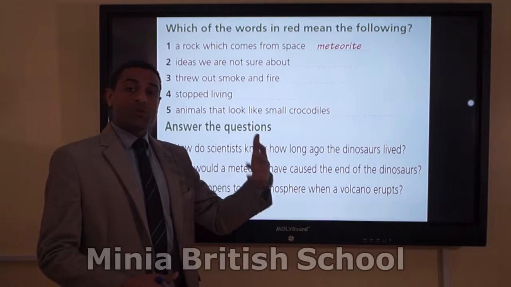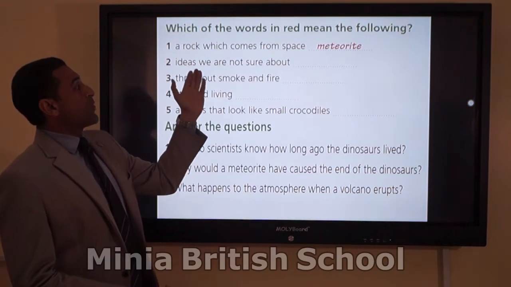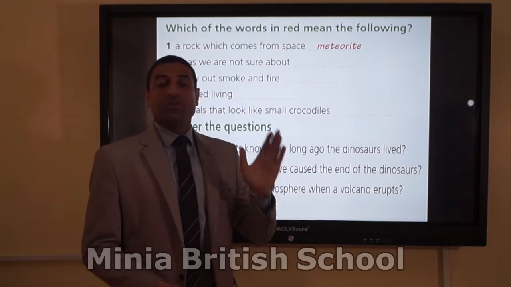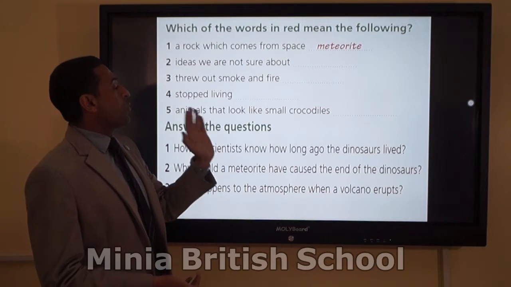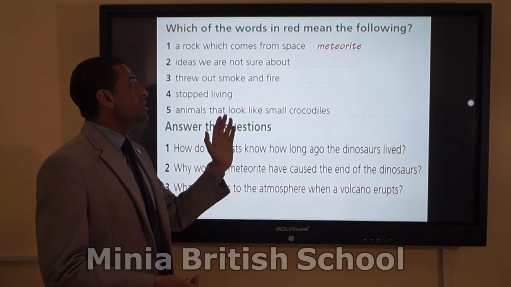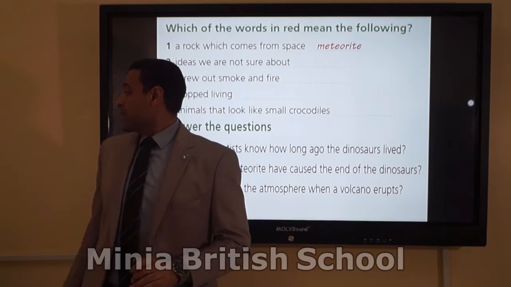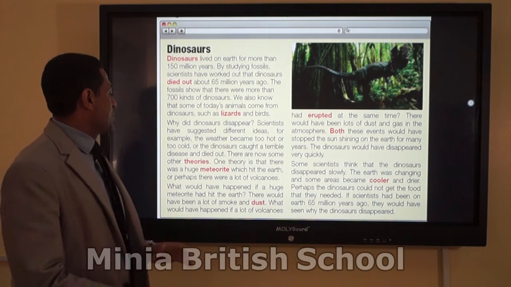Okay, and we will talk about these words now. So here, a rock which comes from space, we call it meteorite. Ideas where we are not sure about. Let's check the words in red. Which word is this one?